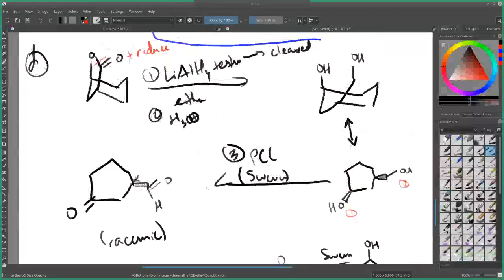The other reactions that we did earlier might have also been racemic. I wasn't paying attention there, but this one, just for fun, comes out to be racemic, and we should indicate that.